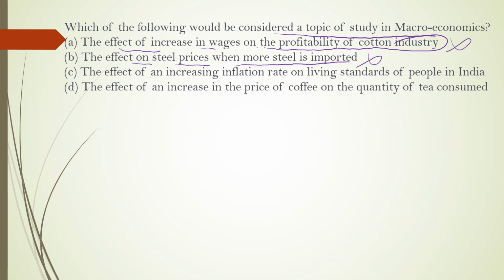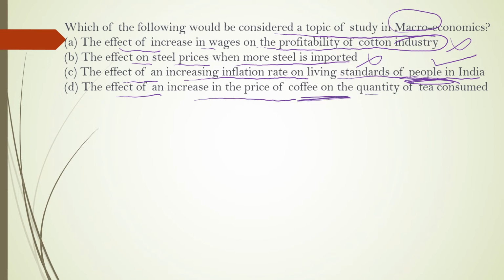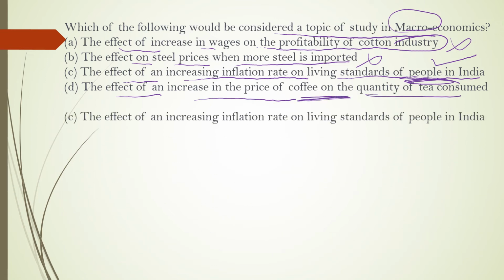No. The effect of an increasing inflationary rate on living standard of the people. So we're talking about macro, so it is considered as macroeconomic concept. The effect of an increase in the price of coffee, single product, so it is a micro concept. Right answer is effect of an increasing inflation rate on the living standard of people in India.